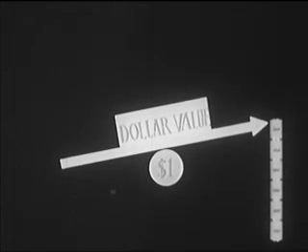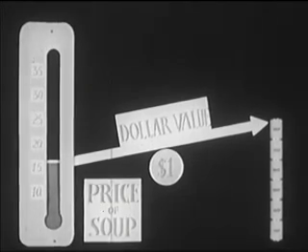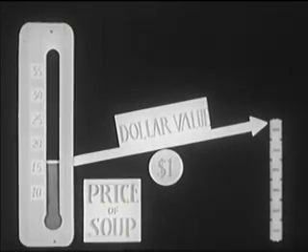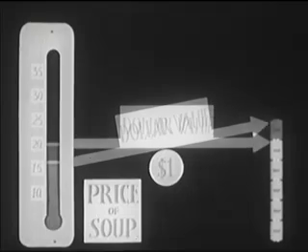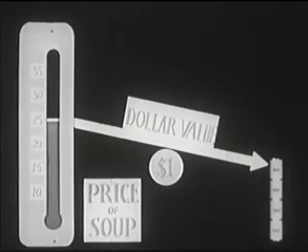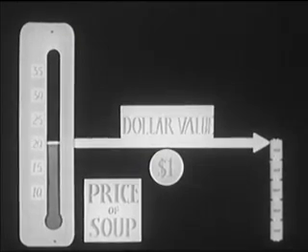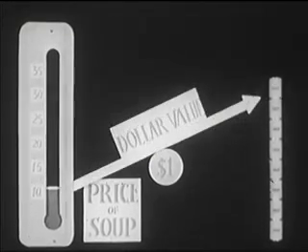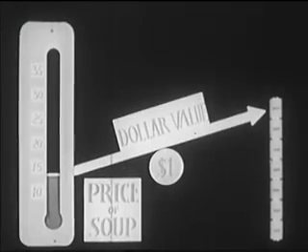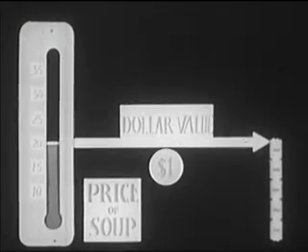When it will buy 6 cans, the value of the dollar has gone up. Thus, the price of soup determines the value of a dollar in respect to soup. As the price goes up, what the dollar will buy goes down. And as the price goes down, what the dollar will buy goes up. So we say the value of the dollar is inversely related to prices.